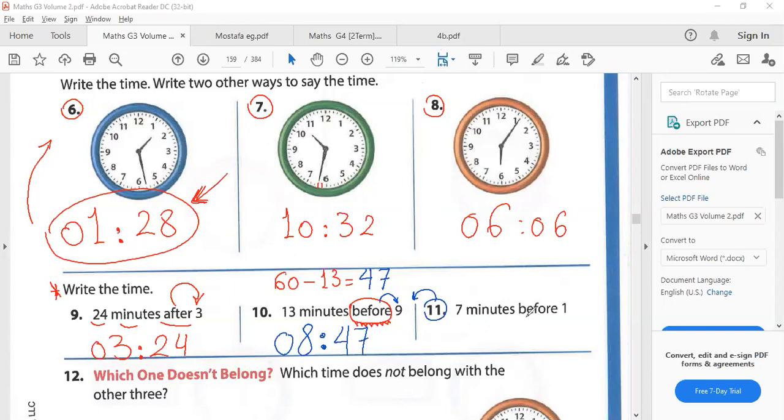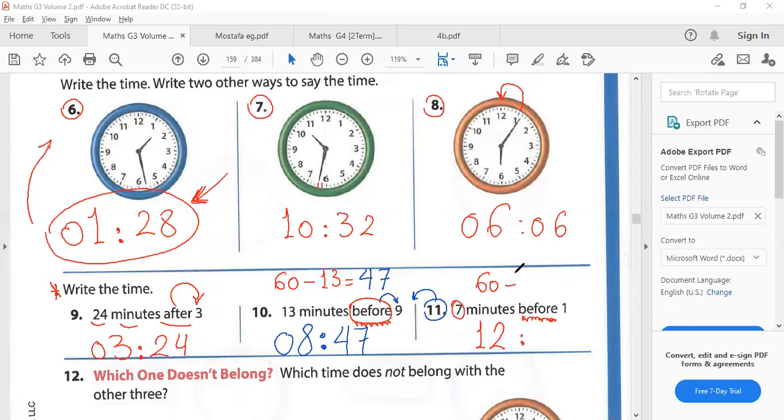We said if you have the word "before", right? What is the number before 1? Before 1 was 12. And how many minutes? Just write down 60 minus the number of minutes.